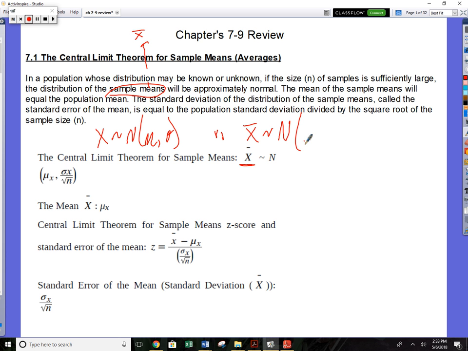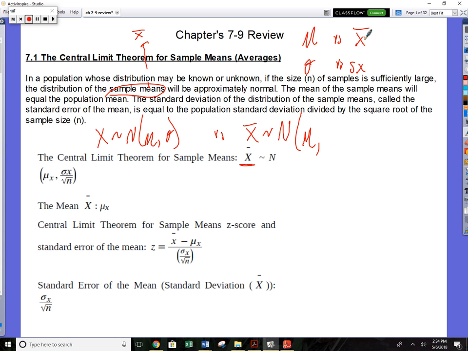You don't use the sample mean, you use the population mean. So the mean of the sample means will equal the population mean. But for your standard deviation, you've got to remember this: mu versus x bar and sigma versus sx.